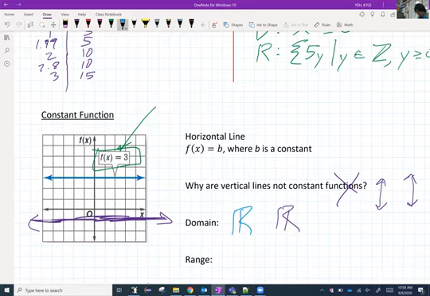Blue line's range is y equals 3, because that's the only y value we're ever going to hit, even if we keep going and going and going. So by that logic, what is the range of the purple line? Y equals -1. That's the only y value we hit. So constant functions, horizontal, domain is always all real numbers, range is just that value because that's the only y value we are going to hit on this graph.